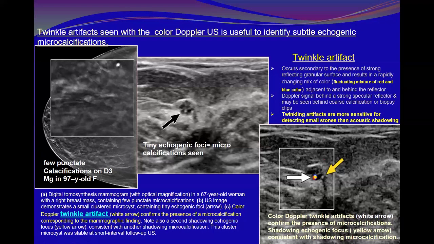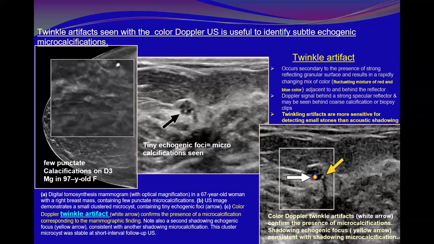So what is twinkle artifact? It is this mixture of red and blue colors, okay, seen when the beam of ultrasound or color Doppler comes over a granular surface, okay? So this results in a rapid change of color. That is why it gives a mixture of color.